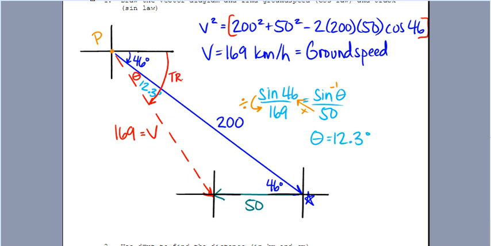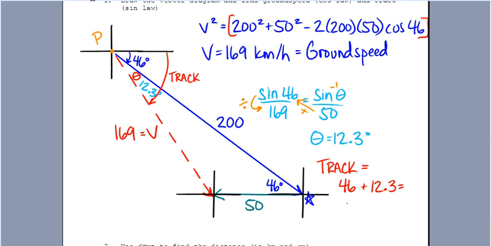That's track. Because the airplane actually flies along the red line. So I want to know the angle to the red line. And in order to get the track, this is where, again, a big well-labeled diagram is really going to help out. You can see here that it was 46 to the blue line, and then we've stacked this 12.3 degrees on top. So I'm actually going to add those two things together. 46 plus 12.3.